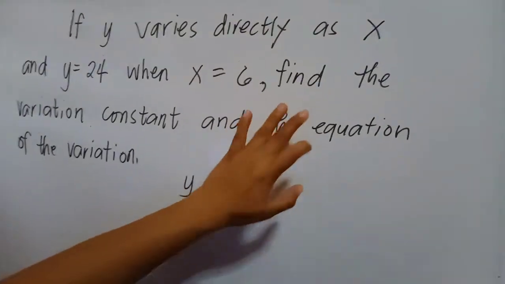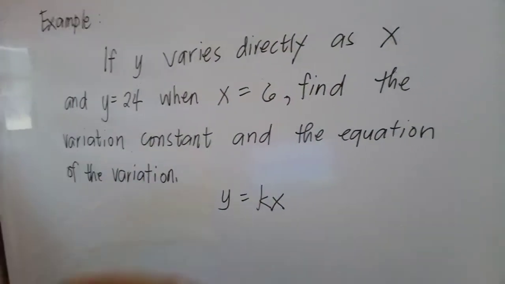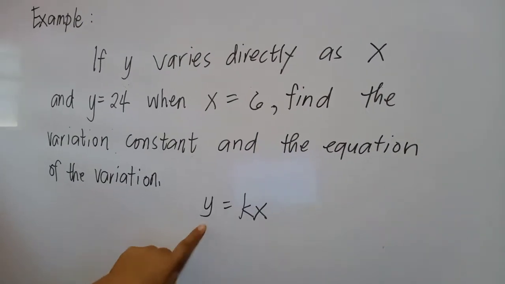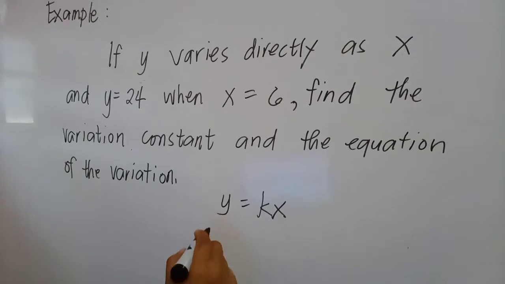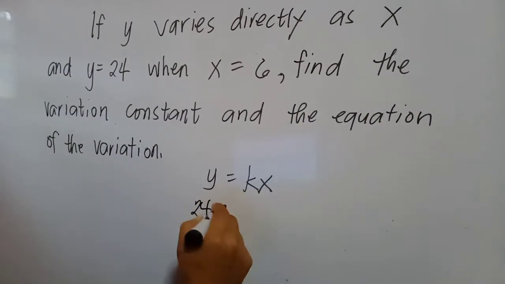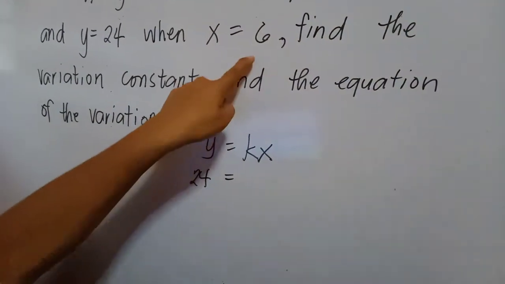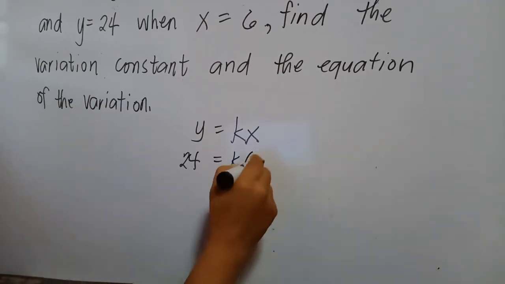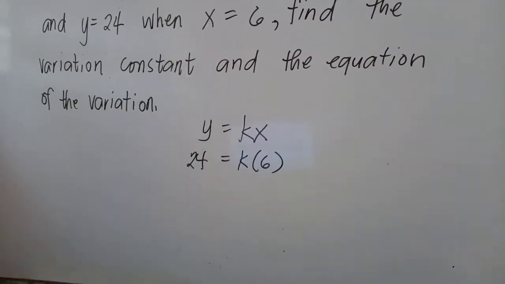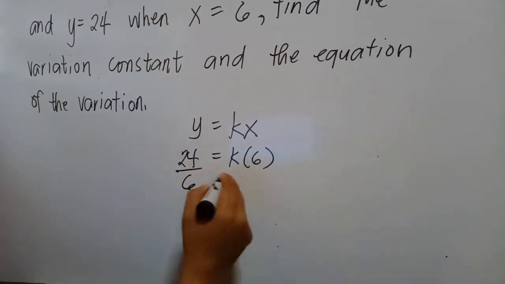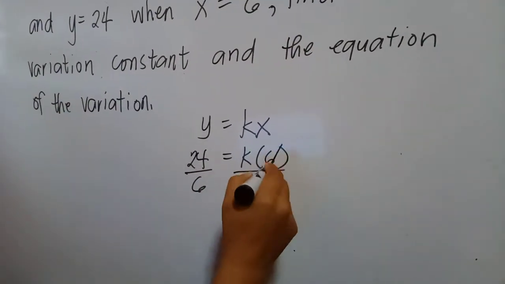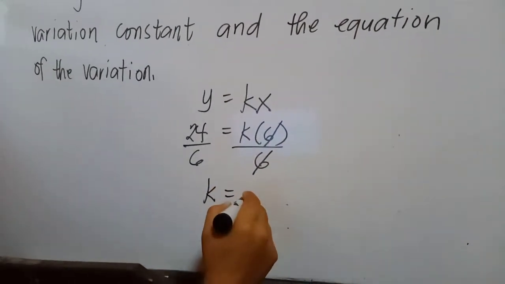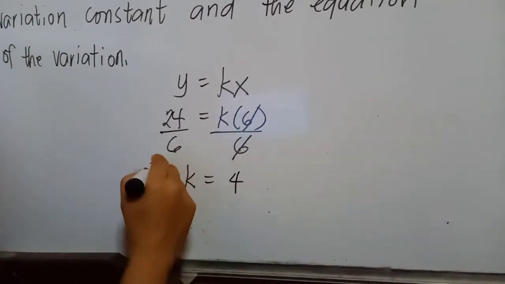Now for us to find the constant of the variation, we simply substitute the two given. The given for y is 24 and x is 6, so we have 24 equals k times 6. By simply dividing both sides by 6, k is equal to 4.